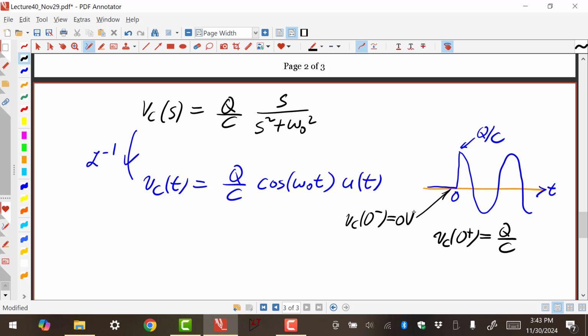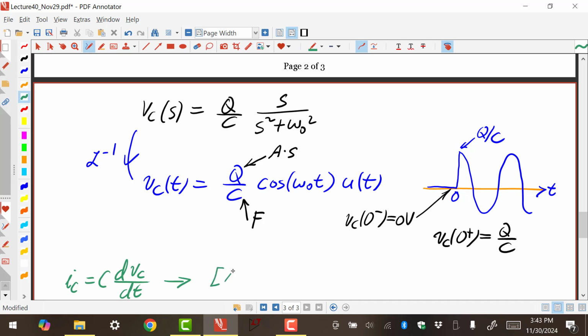If you don't believe that, you know that Q is definitely amps times seconds, where capacitance is farads. So the question is, is amps times seconds divided by farads volts? Well, we can use a similar trick as before. I know that IC is C dVC dt. What are the units of this?